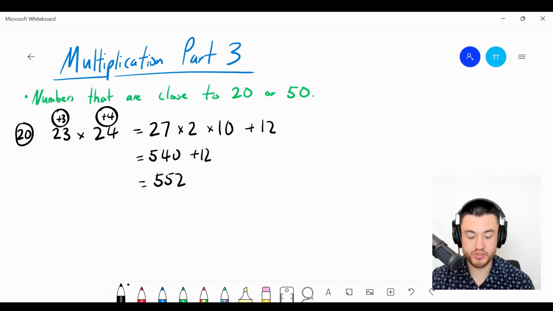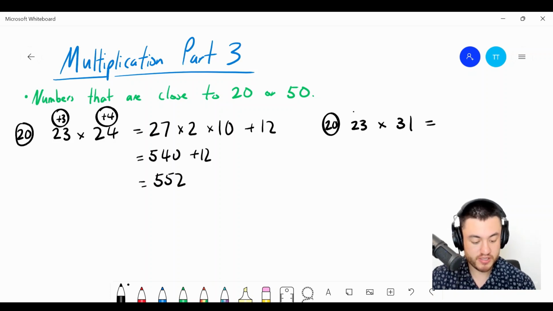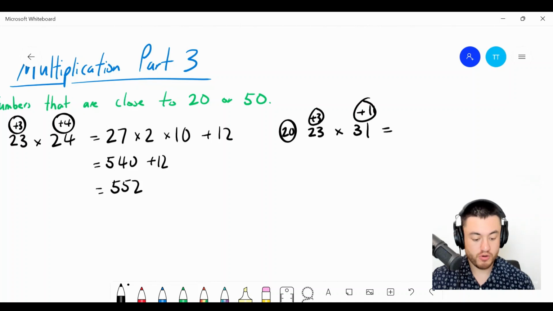Let's try another one. Let's do 23 times 31. So again, write the reference number 20. This time we'll have plus 3 and plus 11. So as before, whether we add 3 plus 31 or 23 plus 11, we will get 34.